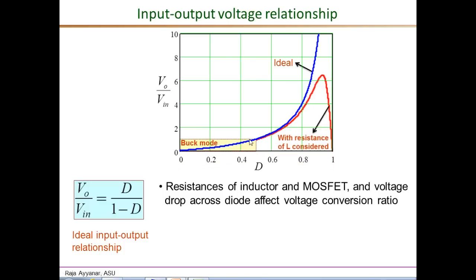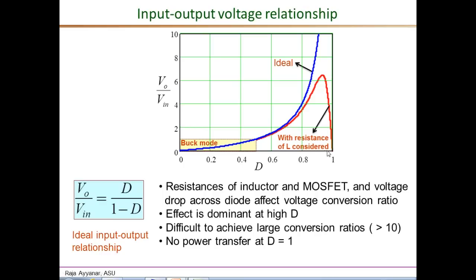And this is the plot when we consider just the winding resistance of the inductor. So at low values of d, it is almost the same as the ideal relationship, but for d higher than around 0.7, it begins to deviate, and at high values of d, it is significantly different. And in particular, for d equals 1, there is no power transfer.